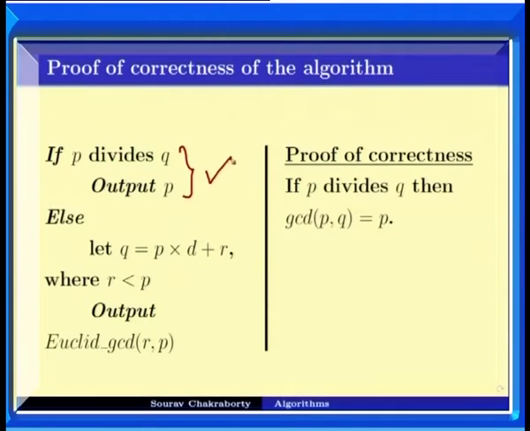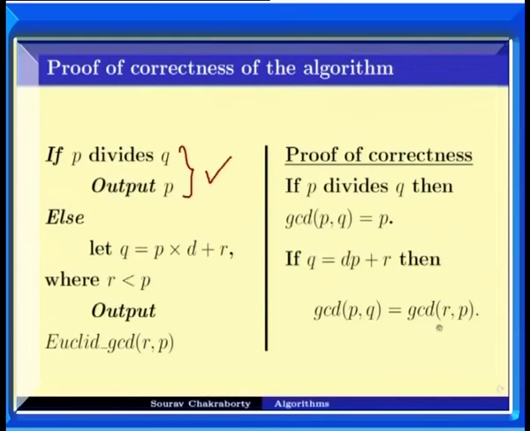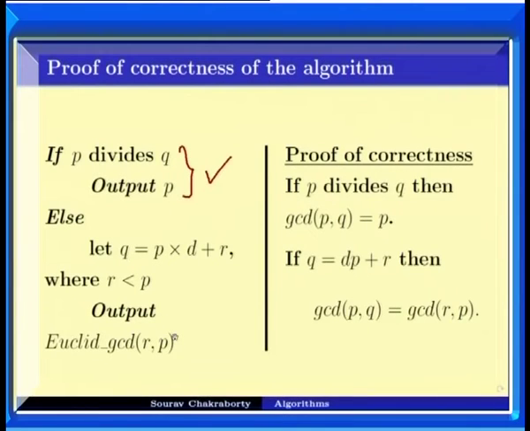Otherwise, Q is equal to D times P plus R, where R is any number. In this case we have assumed that R is less than P, but it does not need to be. Then GCD of P and Q is GCD of R and P. This is the fourth property of GCD that we have seen, and thus when we output this GCD of R and P, under the assumption that this algorithm will also output the right value, the whole algorithm will output the right value for P and Q.